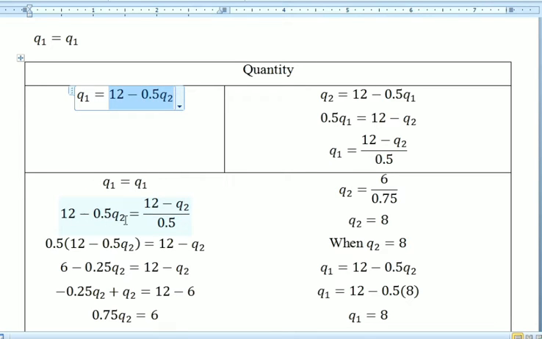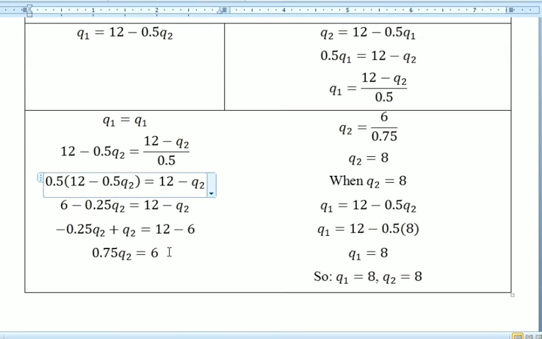The 0.5 we bring to the left, then it becomes multiply. So 0.5 multiplied by 12 and by Q2 gives 6 minus 0.25Q2 equals 12 minus Q2.